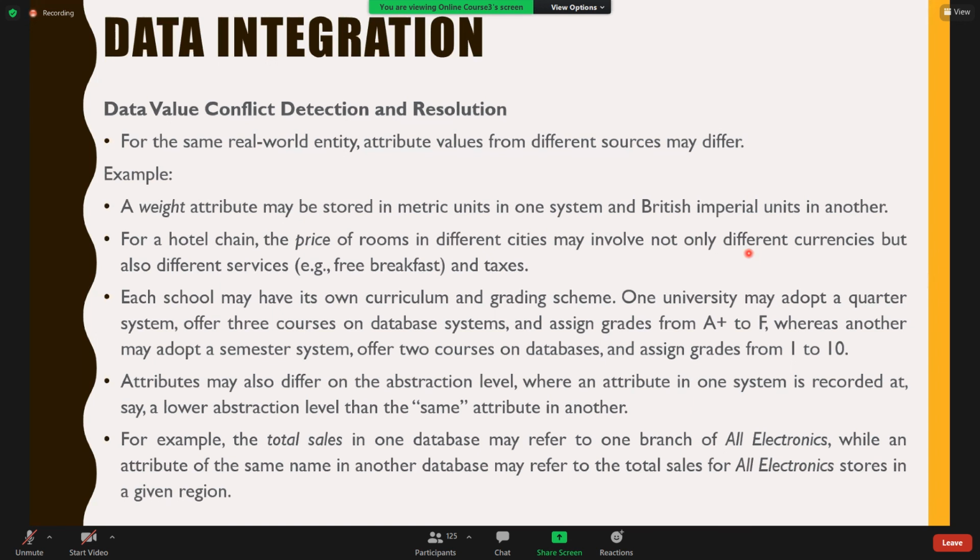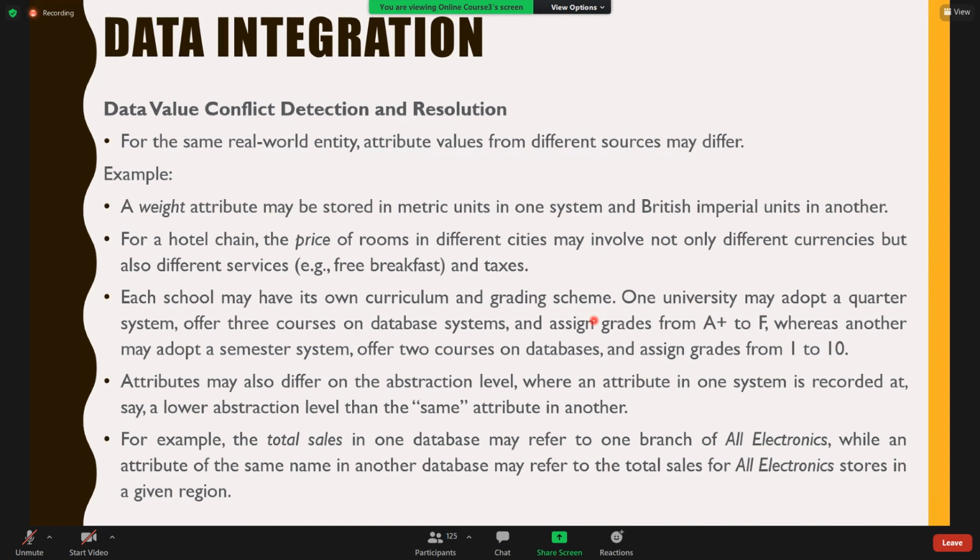And if you consider any school or university grading mechanism, one university may adopt a quarterly system and may offer, for example, 3 courses on database systems and assign the grades from A+ to F. Another may adopt the semester system.